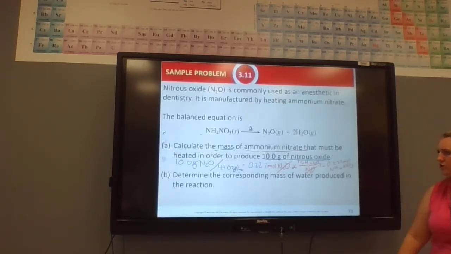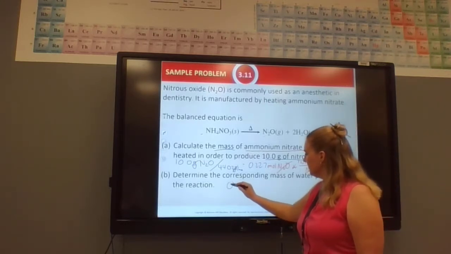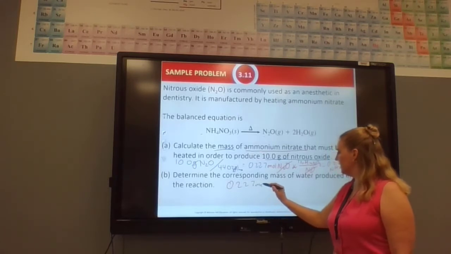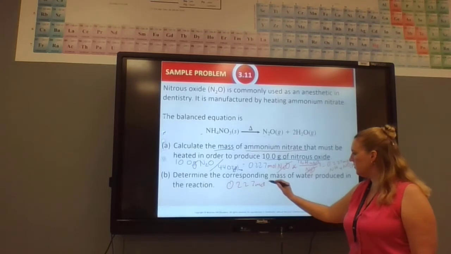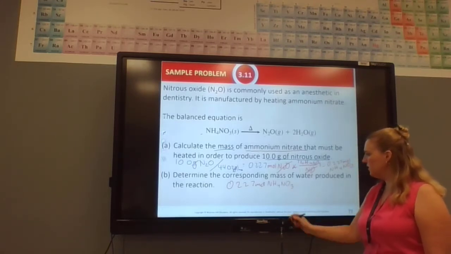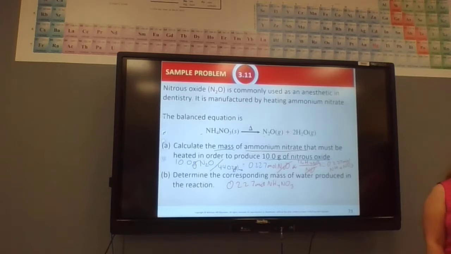We'll do part B on a different page, so I can just write it over here. So last step, it doesn't want the moles of ammonium nitrate, it wants the what of it? The mass. So how do I get these moles to mass? Good, multiply by the molar mass of ammonium nitrate.